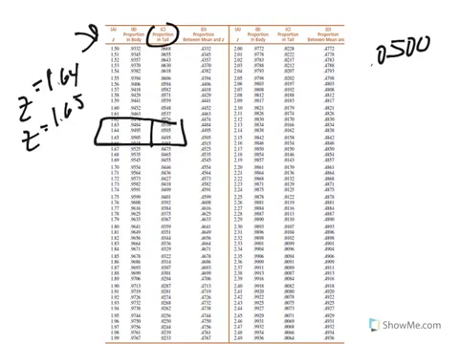And again, we want to find the value that's closest to, and given these two values, they're both equal distance from the proportion of interest, which is 0.0500. So because they're equal distance, it would be perfectly fine to report both of those z-scores at this point in our semester or understanding.